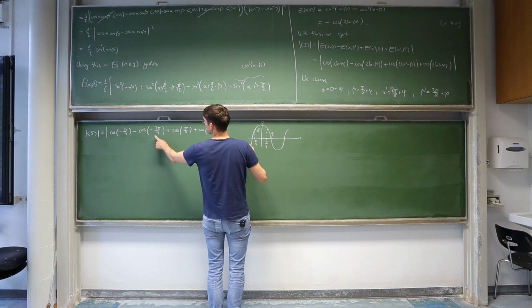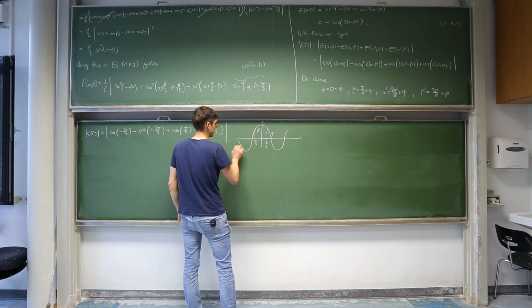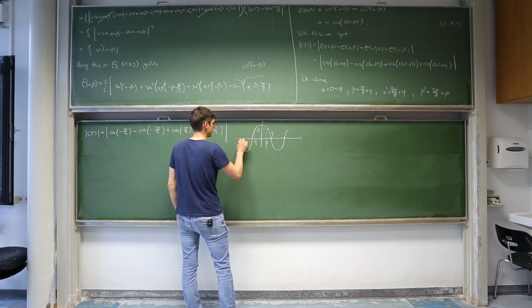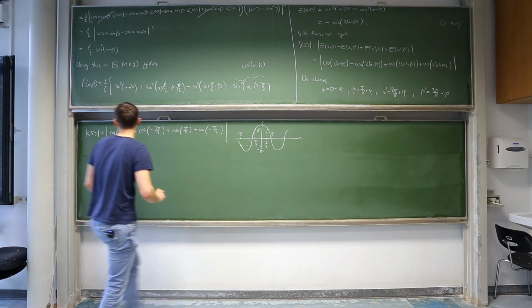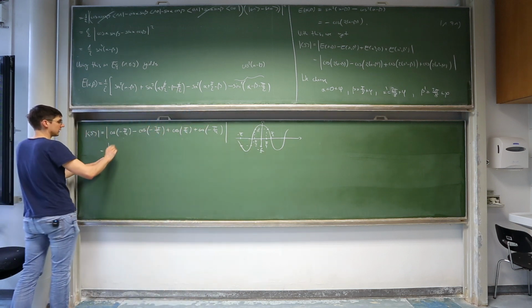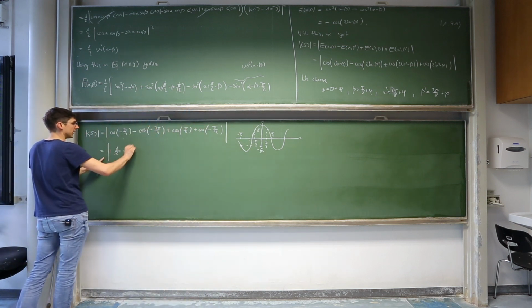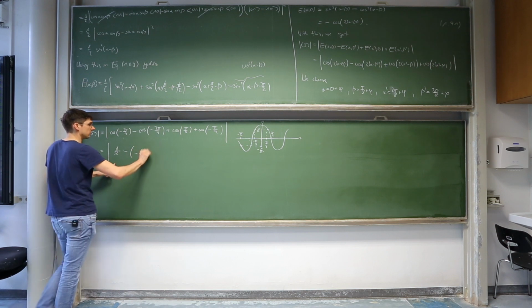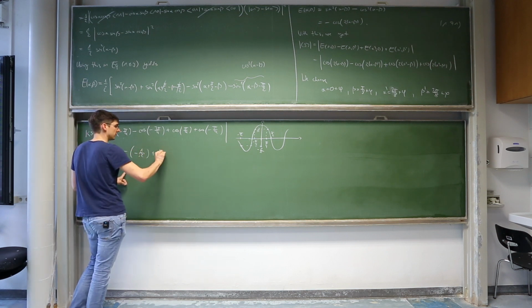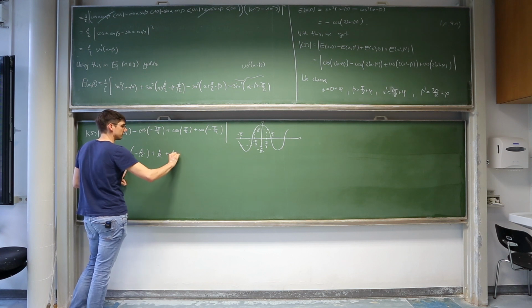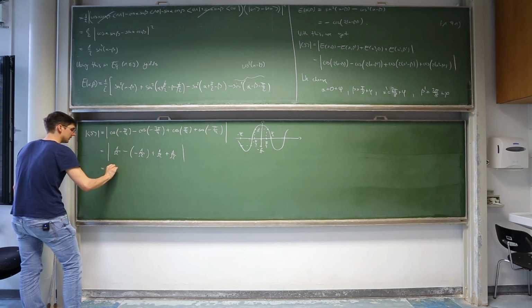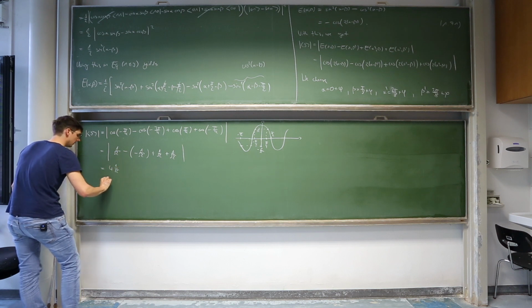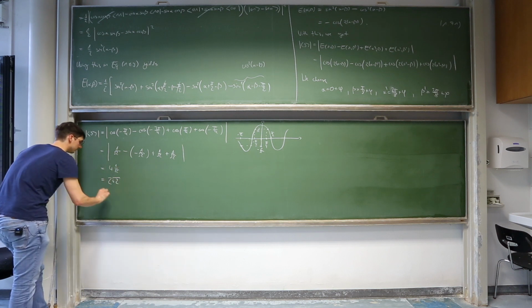And then minus 3 pi over 4 is somewhere here, where it is minus 1 over square root of 2. So plugging this in gives 1 over square root of 2 minus 1 over square root of 2 plus 1 over square root of 2 plus 1 over square root of 2, which is 4 times 1 over square root of 2, or 2 times square root of 2.